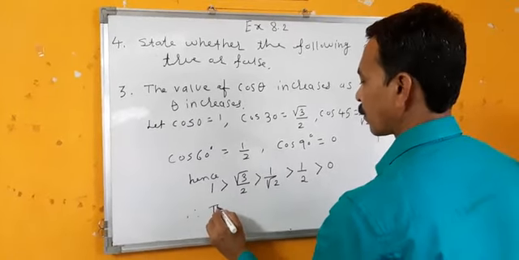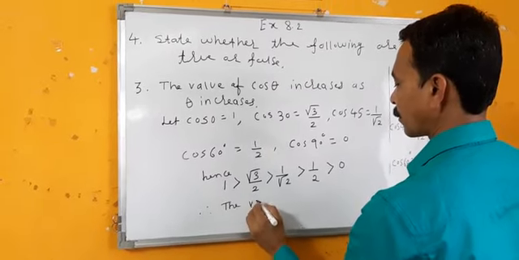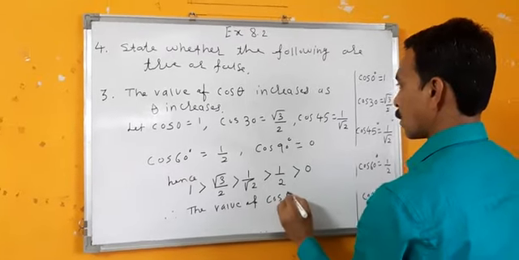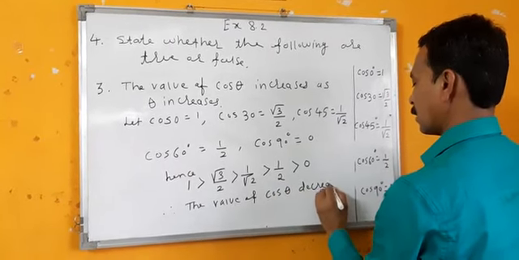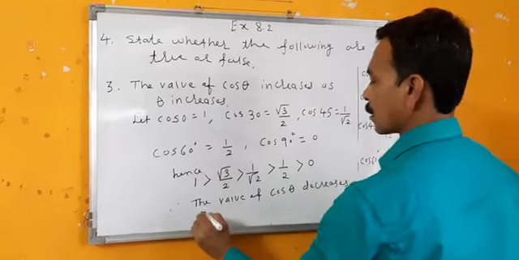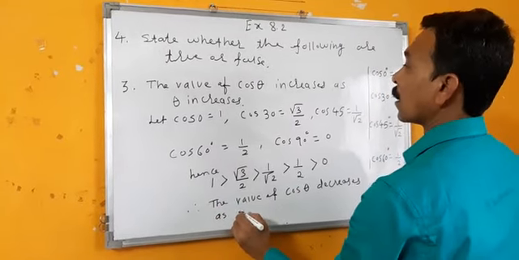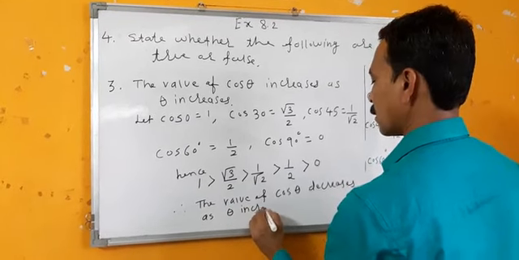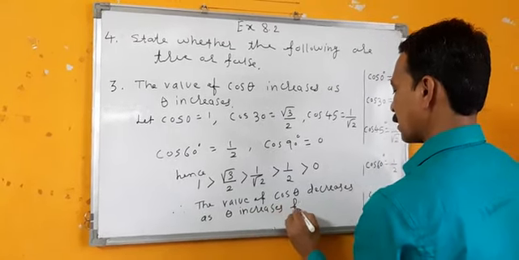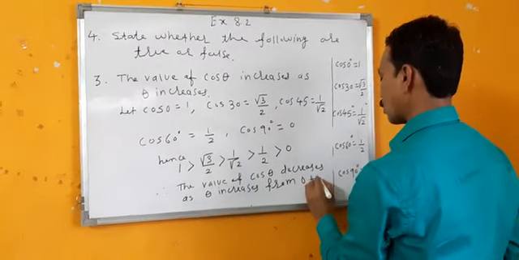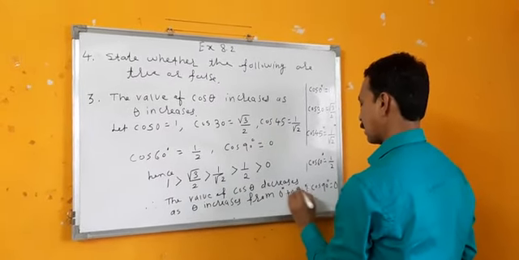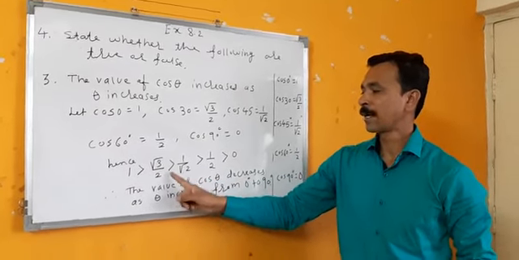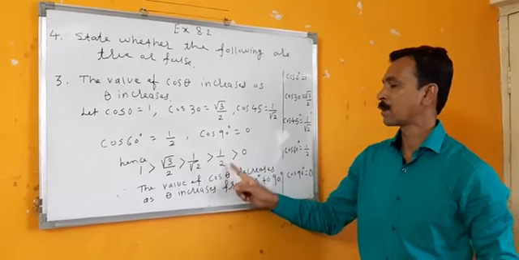Therefore, the value of cos theta decreases as theta increases from 0 to 90. 1 is greater than root 3 by 2, greater than 1 by root 2, greater than 1 by 2, greater than 0.